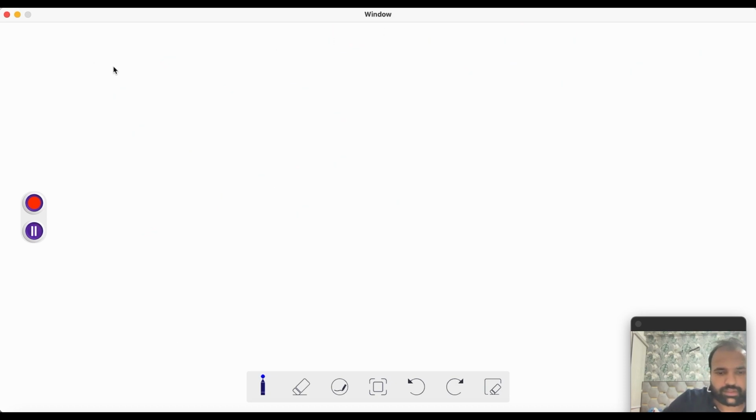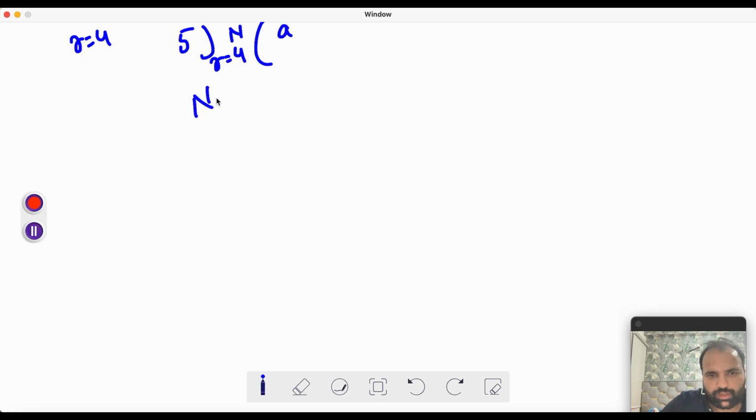Now, as provided in the question, it leaves a remainder of 4 when divided by 5. So let's say we are dividing n by 5 and let's say A is the quotient. So we have 4 as the remainder. Okay, so now just look over here, can we write n over here?